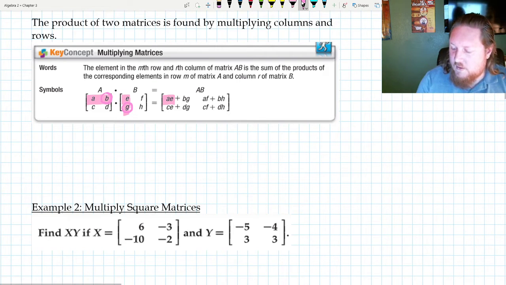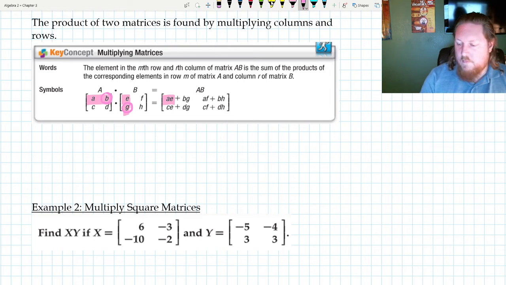Now, for the position of the top right spot here, or the next thing, we're going to use that same first row again, but this time we're going to use the second column. So that's how we get first row, second column of the resulting matrix.